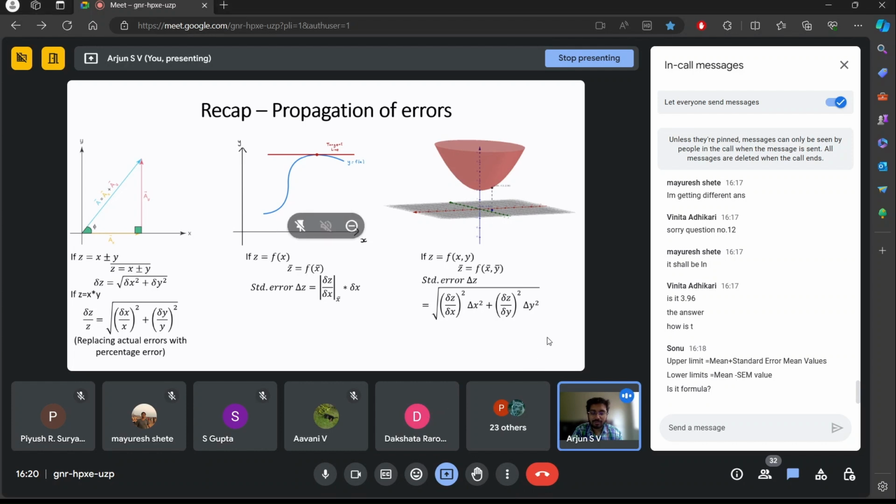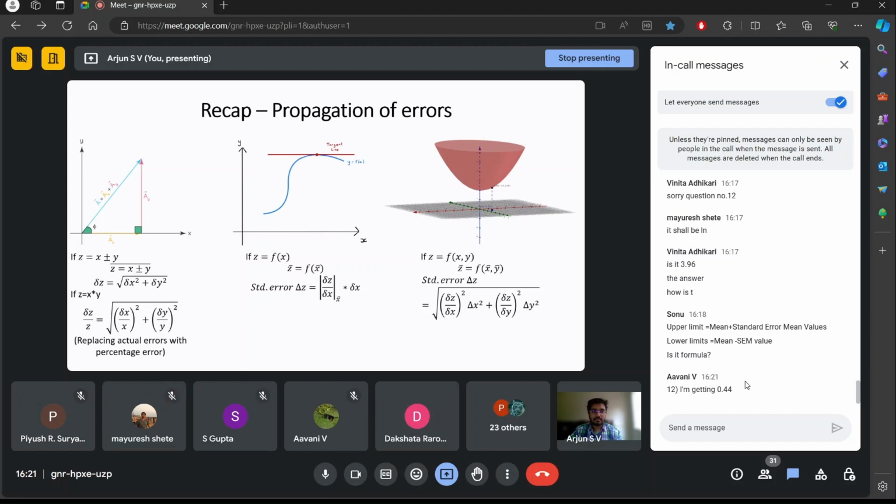I think it will be around 0.4 or 0.5. Did you try to divide the answer by standard error or standard deviation? Maybe you wouldn't have multiplied it by the z value. Yes, I guess it is multiplied by the z value. 0.44. Yeah, I think 0.44 would be correct. Yeah, 0.44. I'm getting that.